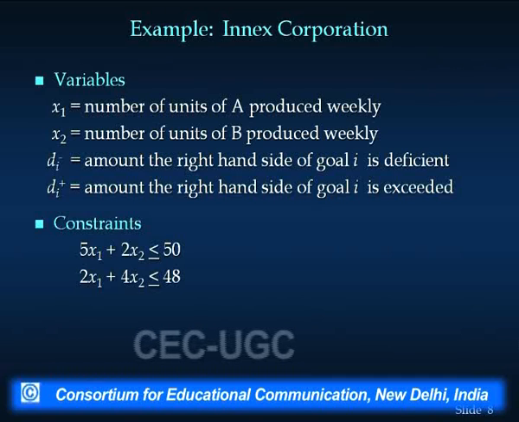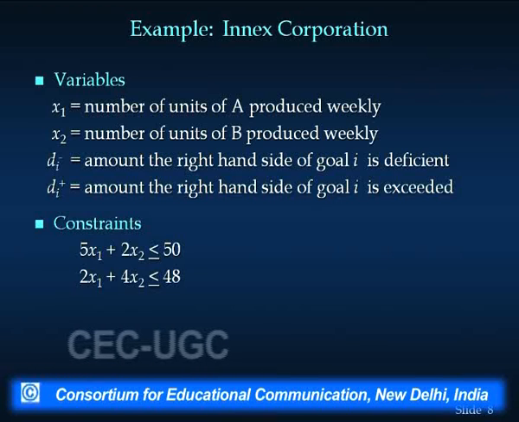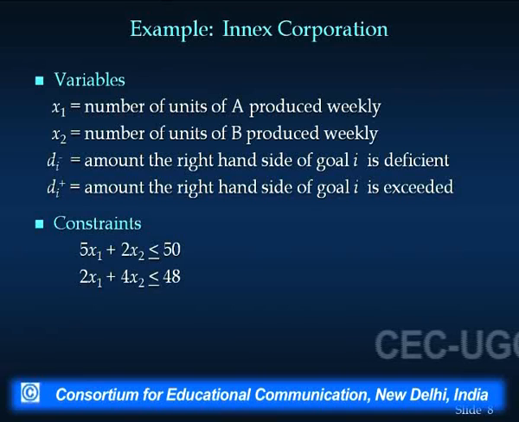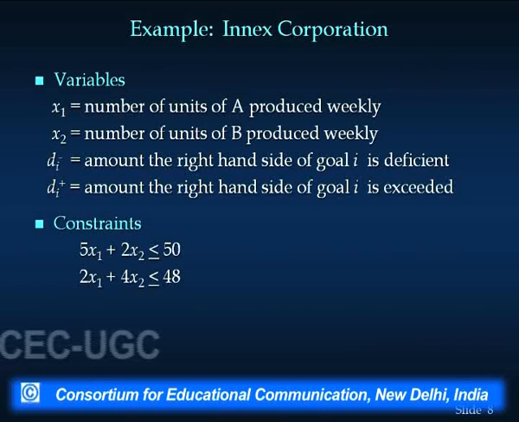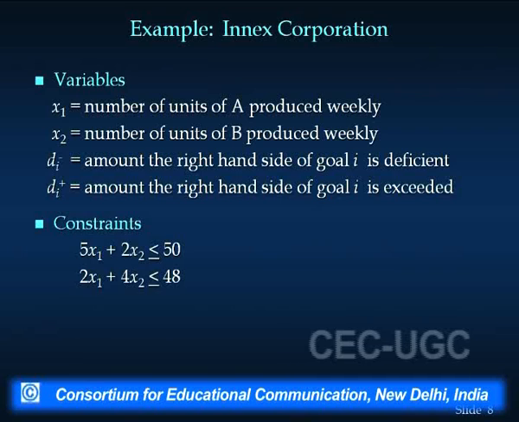Di minus is the amount by which the right hand side of goal i is deficient. This is deficient production, and Di plus is the amount by which the right hand side of the goal is exceeded. One is deficient, the other is exceeded. Minus is deficient and plus is exceeded. We will see how to take care of these deviation variables.